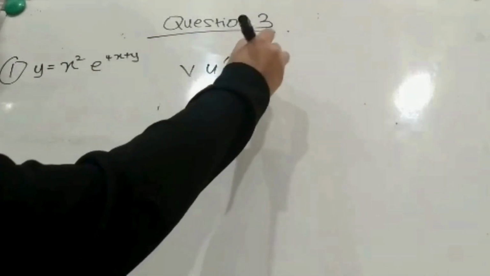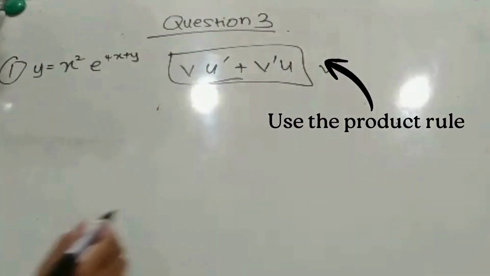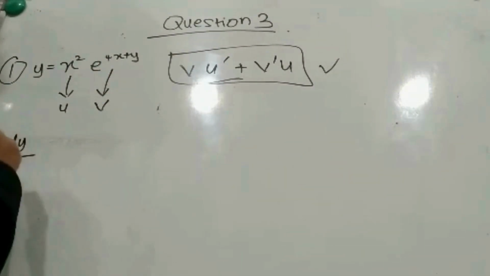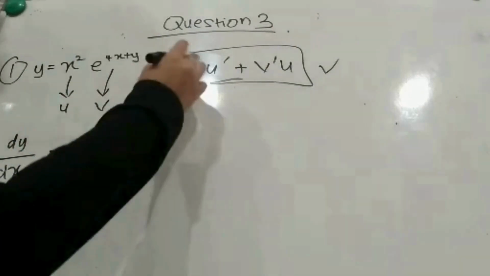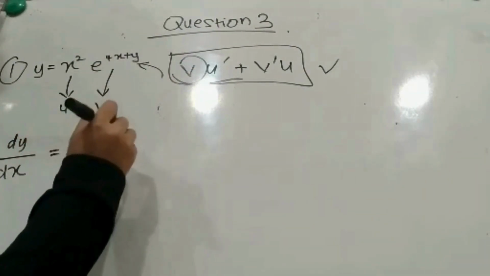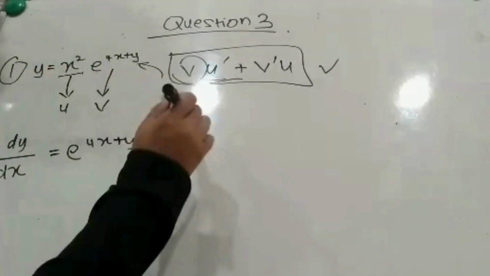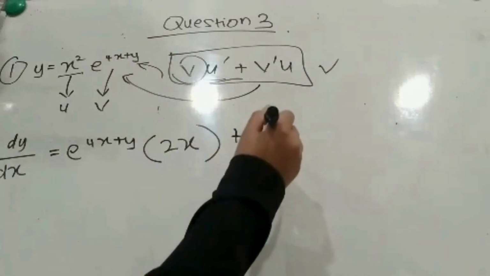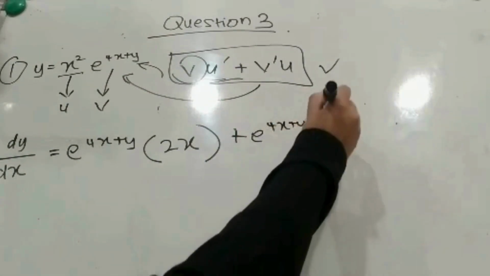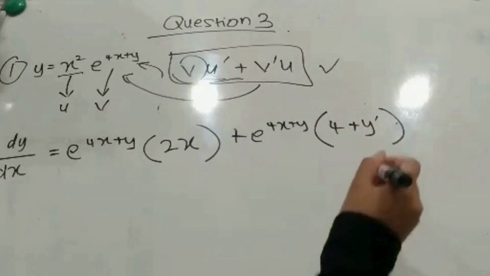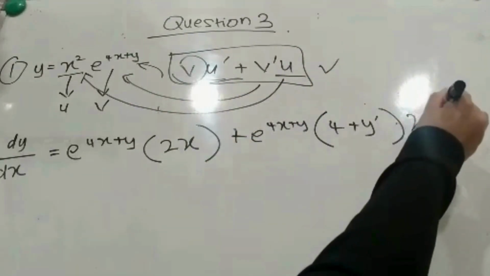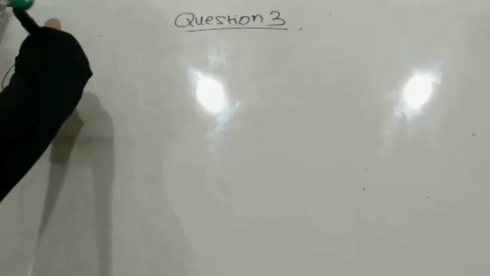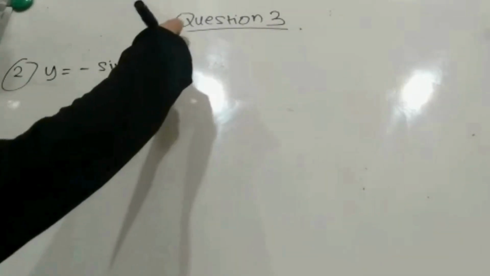For the first expression, we use the product rule. So, let u be x squared and v be e to the 4x plus y. Then, we substitute them into the product rule formula. For the second expression, we expand it as usual.